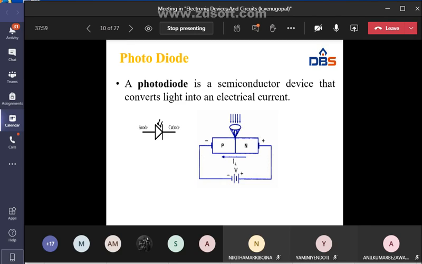This photodiode is designed to work in reverse bias condition.